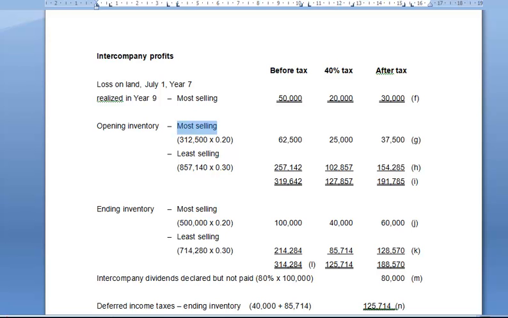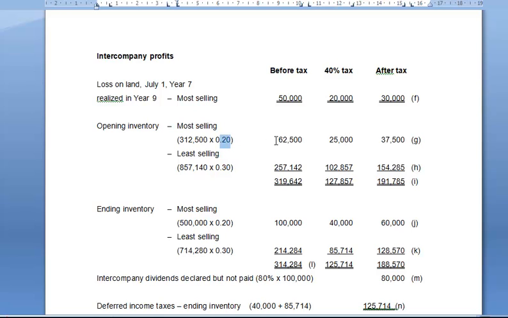So that means that leased has inventory that it bought from most of that amount. That's the dollar value or what they paid for it. But we also know that when most sold to leased, it priced its inventory at a 20% profit. So in other words, it priced the sale to include 20% profit.